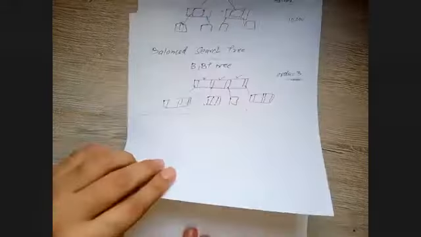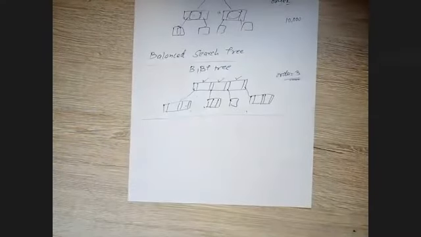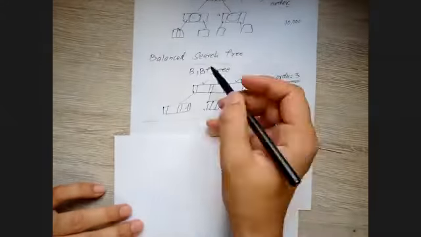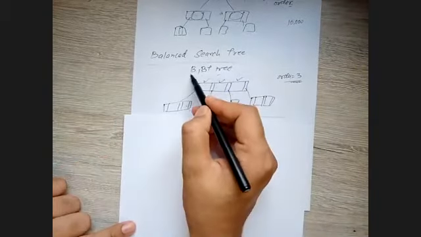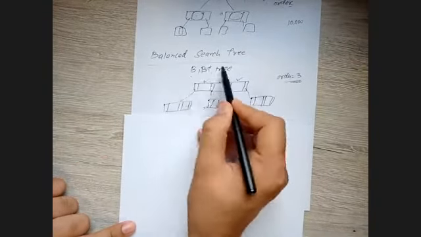Now let's see a few definitions. We'll see the construction, the structure part of the B plus tree. B stands for balanced, so balanced search tree, or balanced tree.